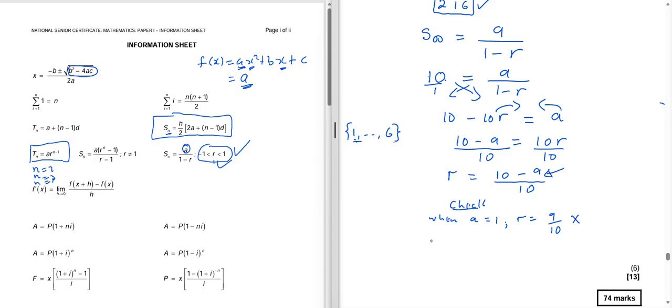Now let's check another one. When A is equal to 2, just to check all those 6 ways, what's going to happen? R is going to be 10 minus 2, that is 8. We have 8 over 10. Can that 8 over 10 be reduced?